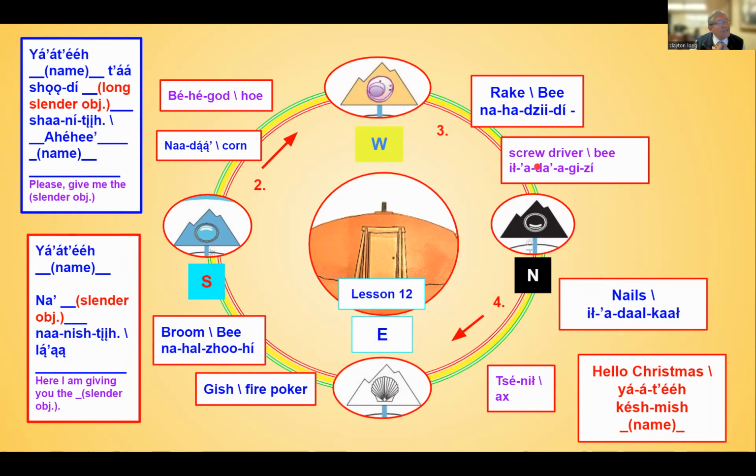Karina, you're talking to Enzel. Is it Enzel? Yate Angel. Oh, you give him the Christmas one. Kishmish. Yate Keshmish Angel. Ashode Ben Hajohe Shaanítįįh. Karina, you're not going to say Yade Kishmish, right?